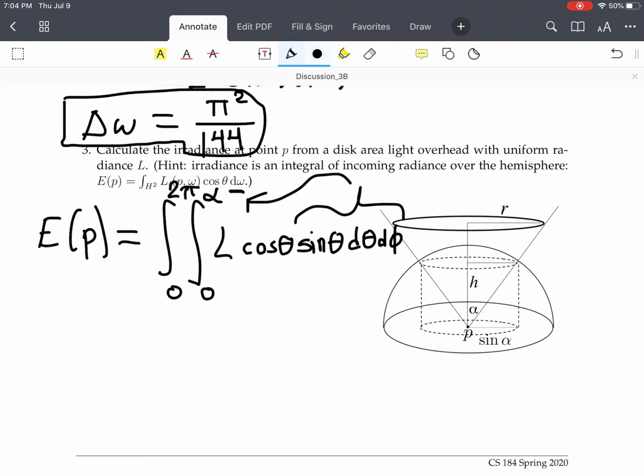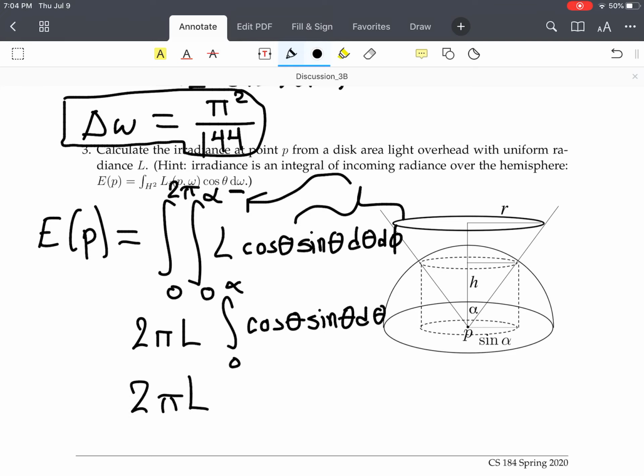Nothing inside the integral actually relies on phi, so we can just go ahead and pull that out. L is a constant that can also come out. So we're going to get 2 pi L times the integral from 0 to alpha of cosine theta sine theta d theta, right? You can plug this into an integral calculator, that's not a big deal. I'm just going to give you the answer.